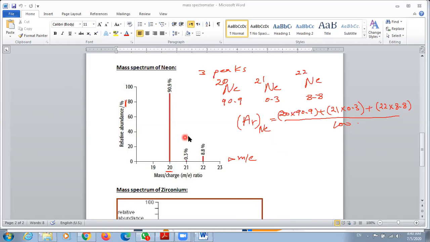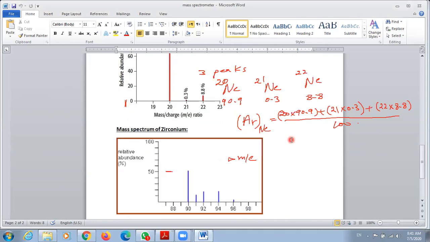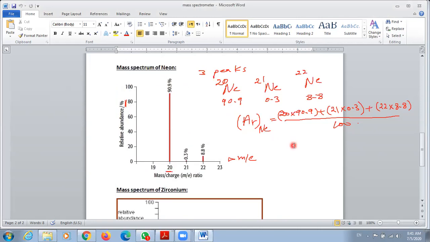Of course, it's not going to be exactly 20, but we will find that it is very near to 20 because most of the isotopes of neon are found as neon 20.